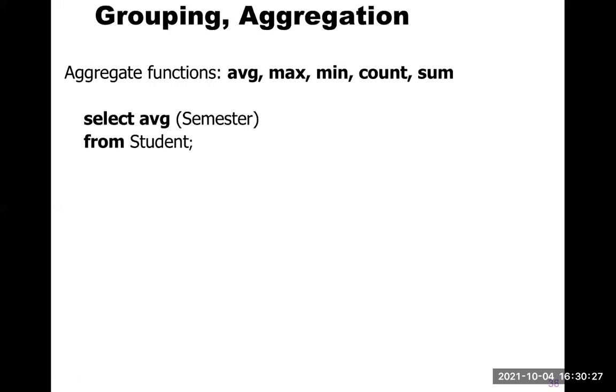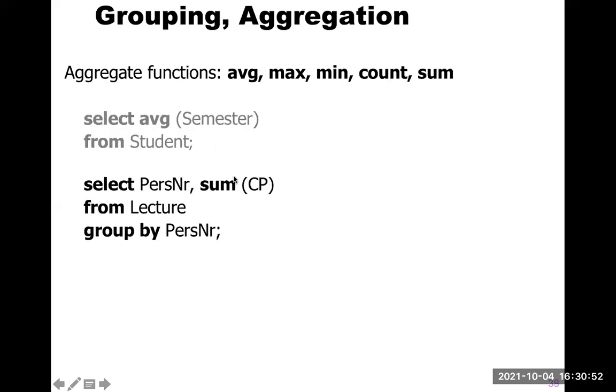Grouping and aggregation is the next big thing. After a join, we may group the total. We may group the whole table and calculate something. So select average, calculate the average for a column, or calculate sum for a column, or maximum or minimum, and so on. And we may group it first, just divide the whole table into groups, and each group has something in common.